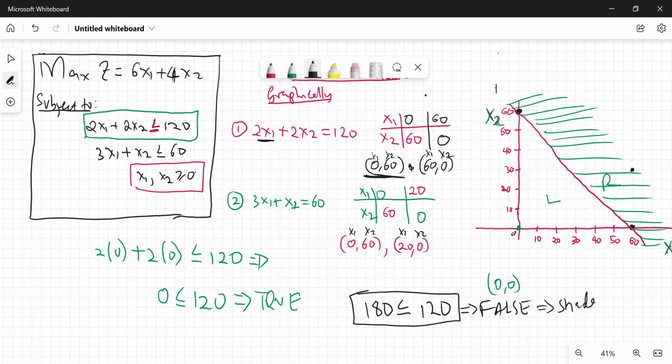Okay. So let's do the same for equation number 2, the second constraint. Here we need to plot points 0, 60, which you already have, and then we have 20, 0. Then you draw a straight line connecting those points.